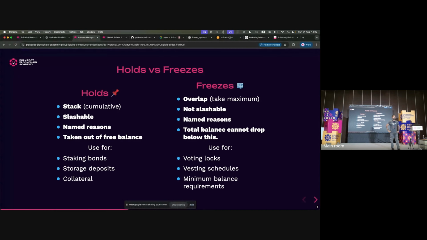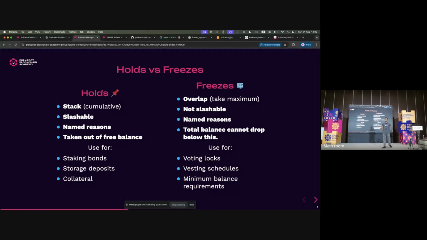You can have many read locks on the same file, so you can have many freezes on the same account balance, but on the same amount of balance, you can have only one hold, so only one write lock. So it's a bit like a write lock. But it doesn't quite work in the sense that you can have a freeze, which would be a read lock, over a combined balance of a hold and free balance. So it doesn't quite work.